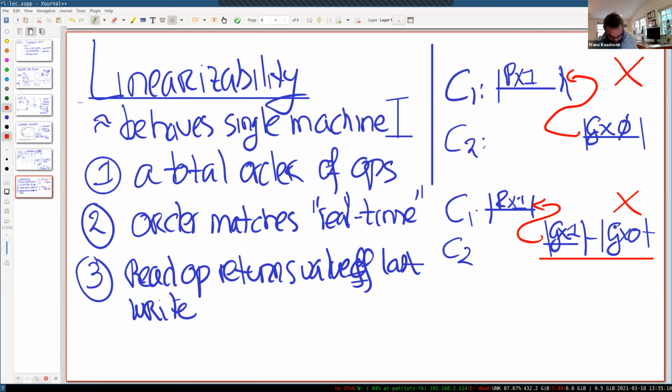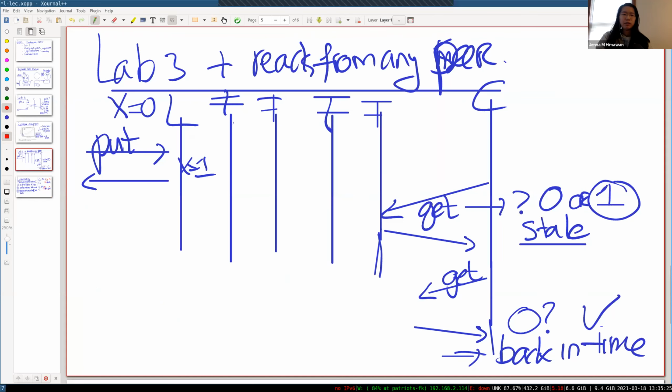So in lab 3, we're going to shoot for linearizability. And what is one easy way of getting linearizability? How are we going to ensure that put and get operations are linearizable? Well, if you only use one machine, then it will be linearizable, right? Yeah, so what is the easy solution?